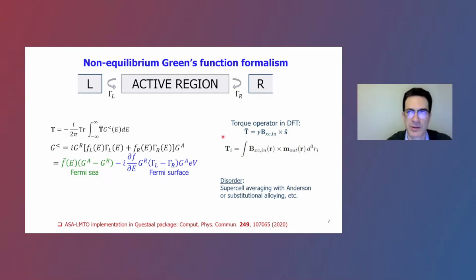And a disorder can be introduced explicitly in the system by taking a sufficiently large supercell for the active region, introducing disorder in the form of either Anderson random potential or substitutional alloying, or whatever you want to include, and then averaging the results over the configurations of that disorder.